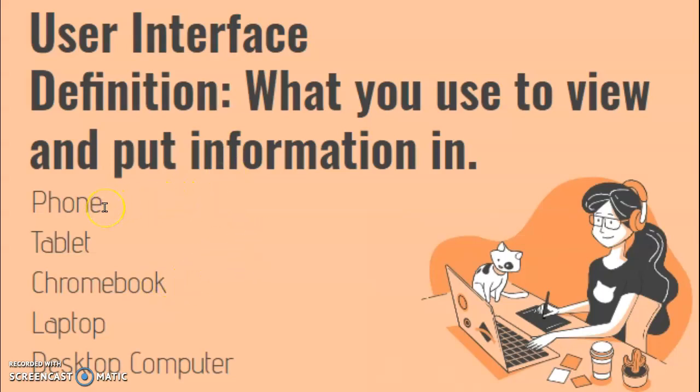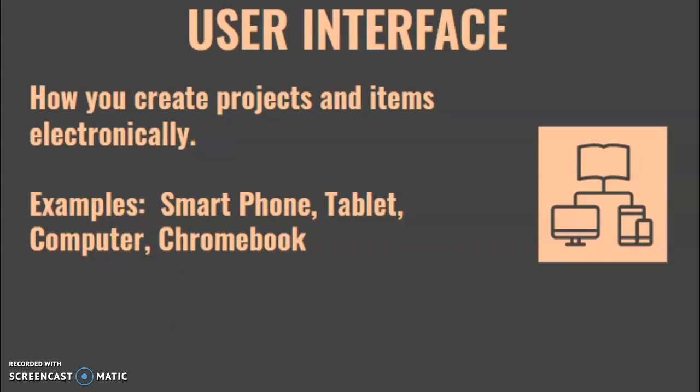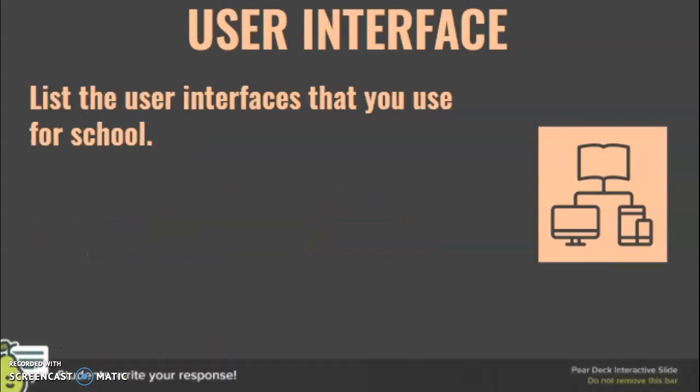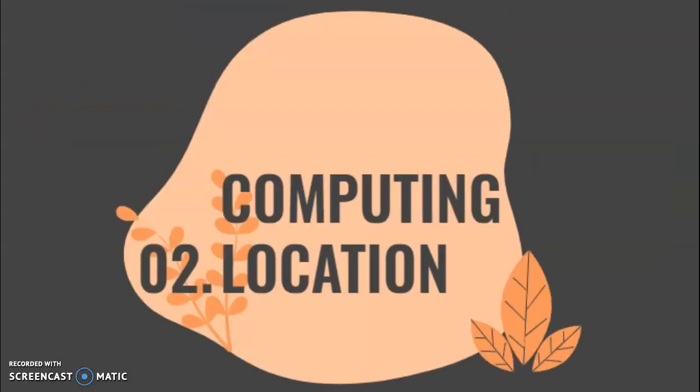So for example, your smartphone, your tablet, your Chromebook, a laptop, a desktop computer, that is the user interface that you're interacting with. It's how you create projects and items electronically. So, what you're going to do is list, or think about, the user interfaces that you use for school. What were some of them that you would come up with?